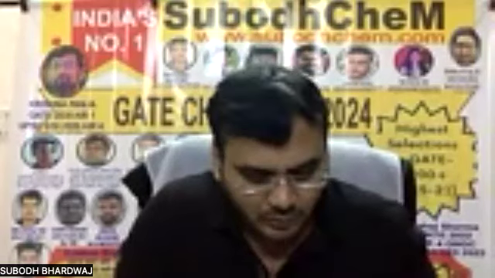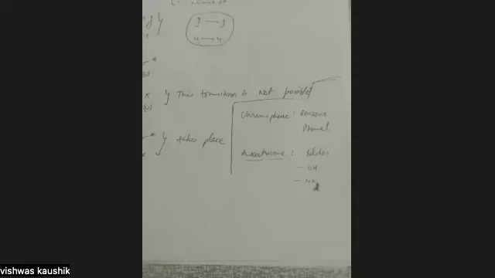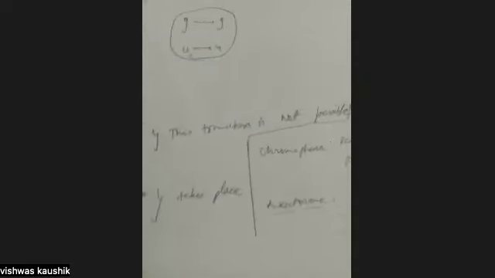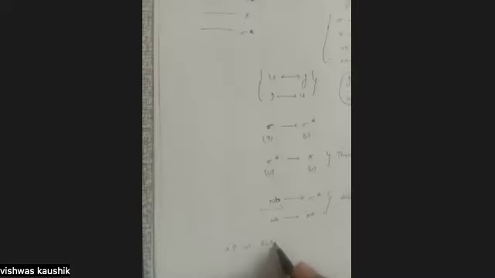Yes, good. What is the difference between red shift, blue shift, hyperchromic shift, hypochromic shift? Yes, sir. If the wavelength changes from lower value to higher value, or if the wavelength increases, then it will be bathochromic shift. If there is decrease in wavelength, then hypsochromic shift.